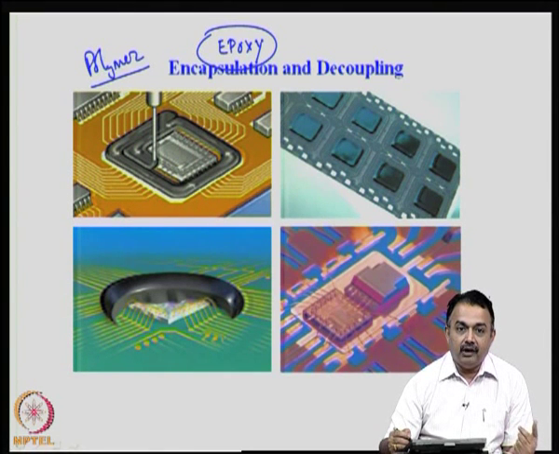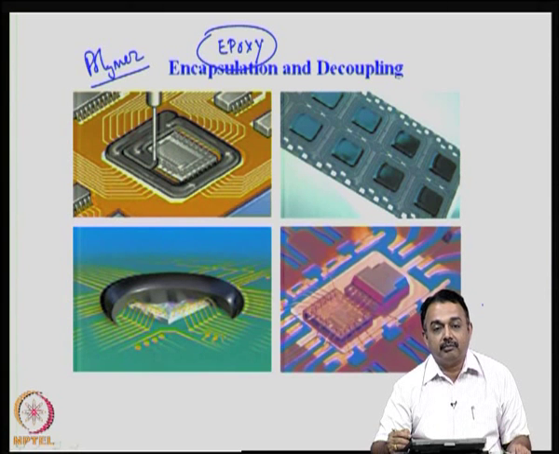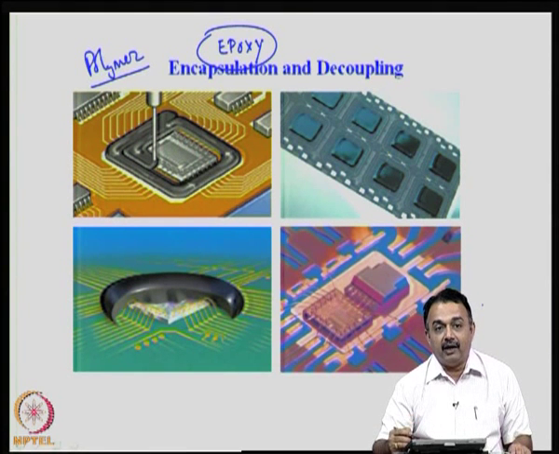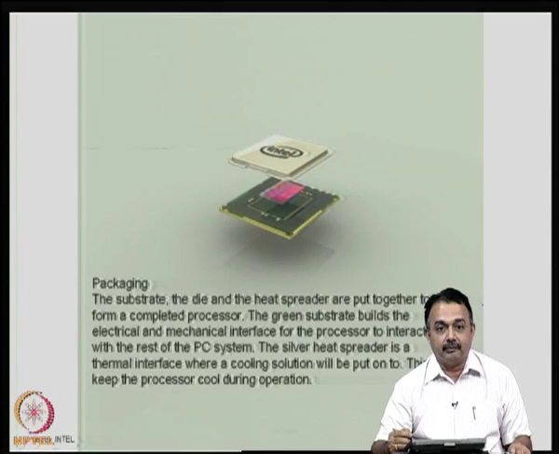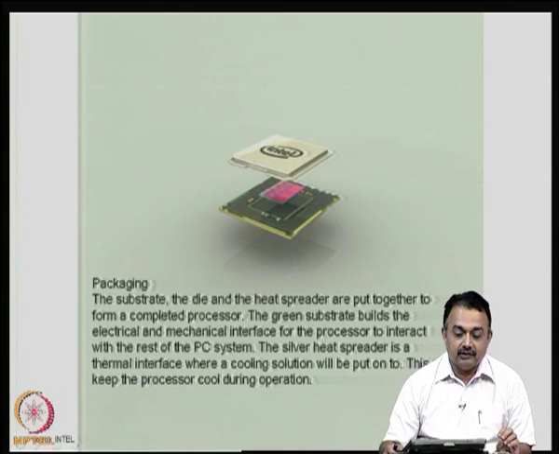There are other polymers also that can be used for encapsulation, but if you look at cost, epoxy is the most widely preferred material, and 90% of the encapsulation process in the plastic packaging is done by epoxy. Now, I will continue with the description of the back end process using some illustrations.